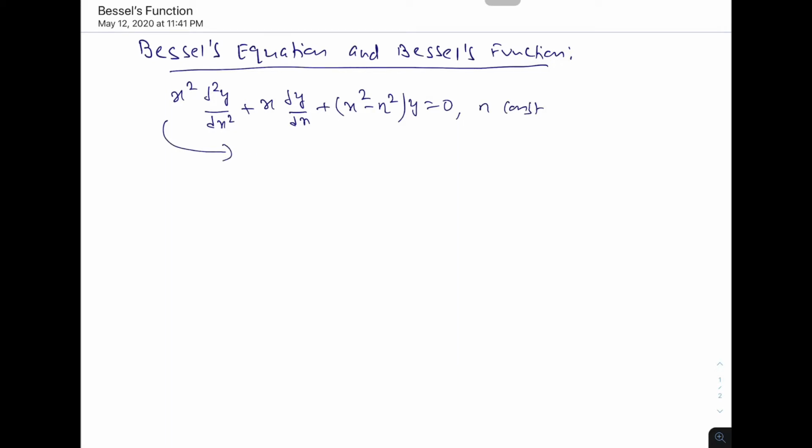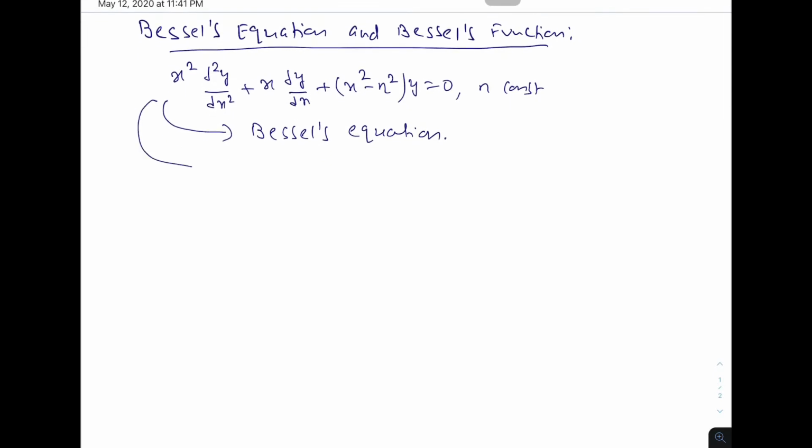So this differential equation is known as Bessel's equation, and the solution of this differential equation is known as Bessel's function.